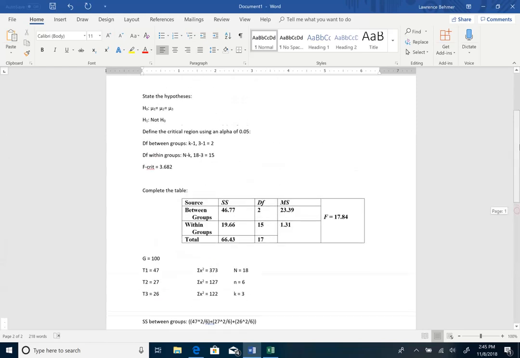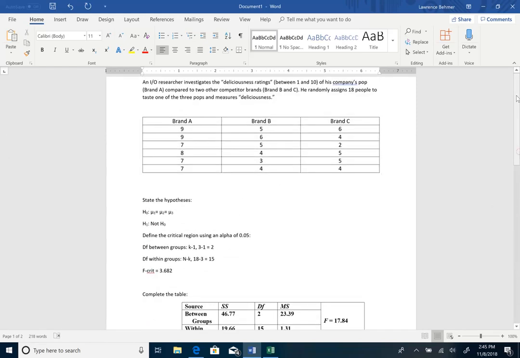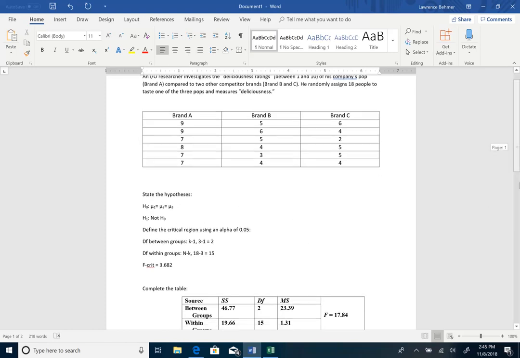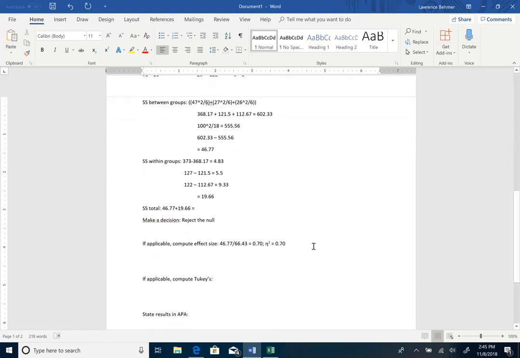So what this is saying is the difference in scores between my three groups, wherever my actual difference lies, accounts for basically 70% of my overall variability. We'll talk more about this idea of proportion of variance explained starting in the next chapter, or maybe the chapter after that.